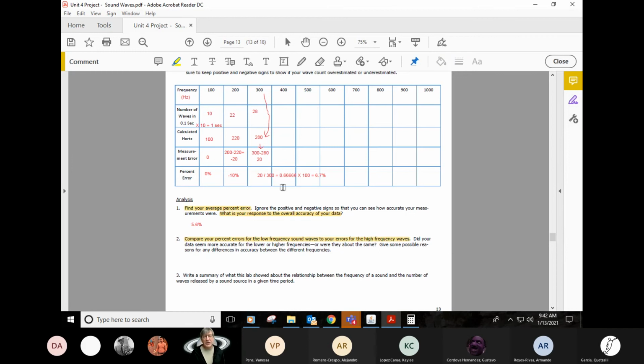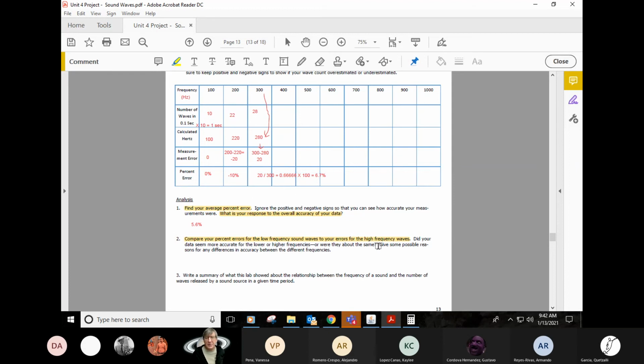I would look at the first 3, maybe 4. Ignore the ones in the middle. So maybe compare the first three, 100, 200, 300, compare those percentages to the last three. How did the high and low frequency errors compare? Were you more accurate down here, less accurate down here, or were they about the same?